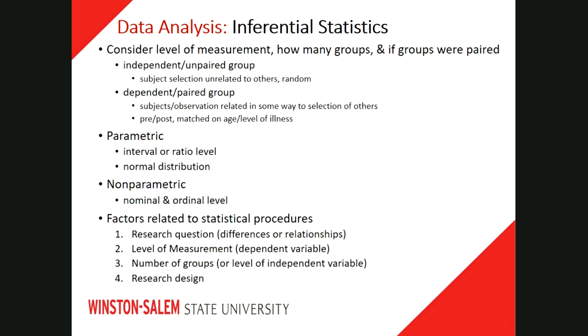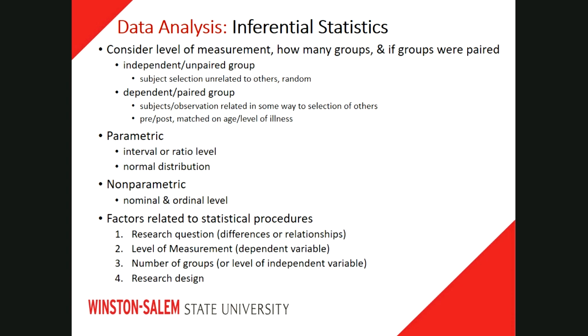One of the things that drives which inferential statistic you actually end up using has to do with four factors. One is the research question. Are you looking for differences or are you evaluating a relationship? Two is the level of measurement, and this is the level of measurement of the dependent variable.